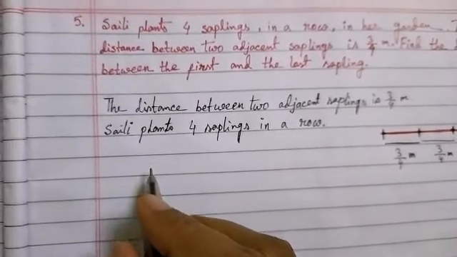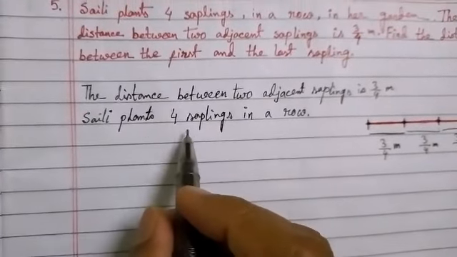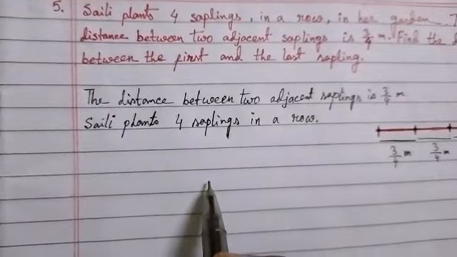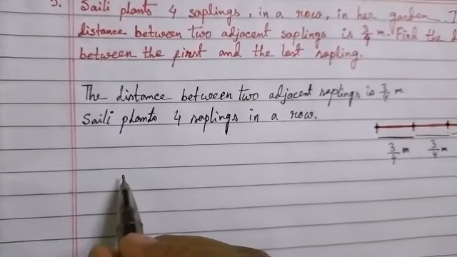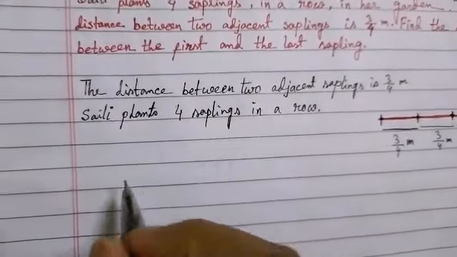So here I have written the statements. The distance between two adjacent saplings is 3/4 meter. Shirley plants 4 saplings in a row.